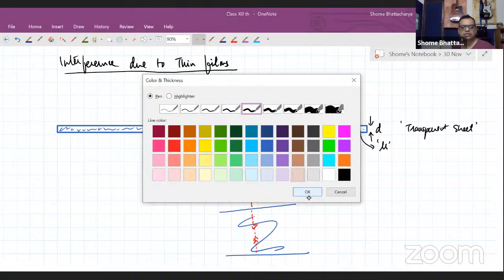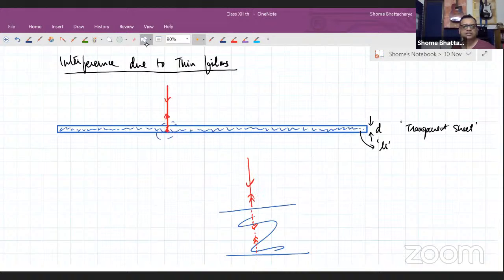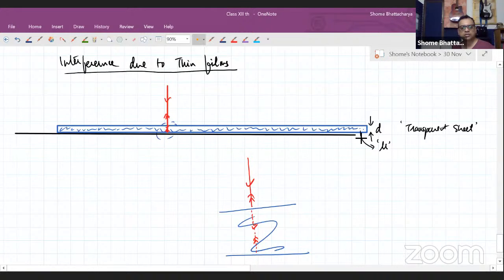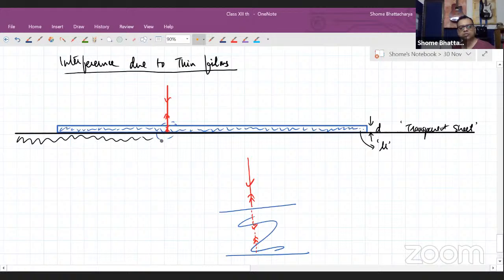Okay. So now we assume that this is on the ground. Okay, we'll come to a situation where it has air on both sides, but right now I'm assuming that this is on some opaque surface, like the ground.